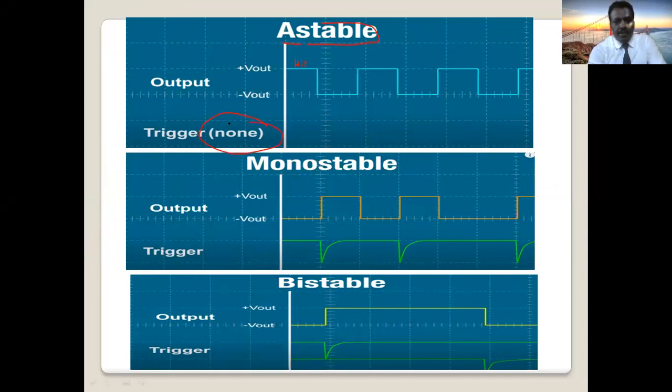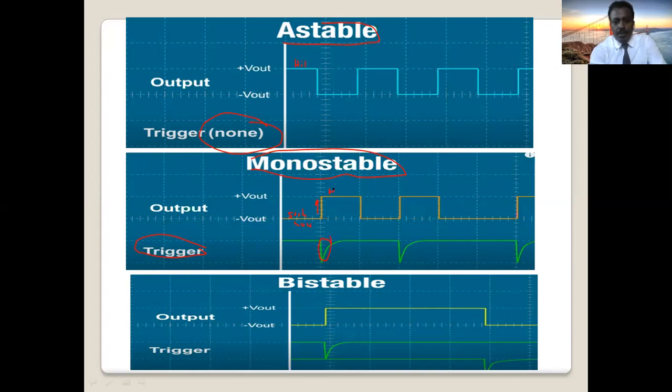We don't need any trigger, no input. It changes from high to low, high to low. When you come to monostable mode, we need 1 input here. So it remains, this is now the stable state. Stable. The low state is stable. Low, this is low. Now when you apply input, it changes from low to high.